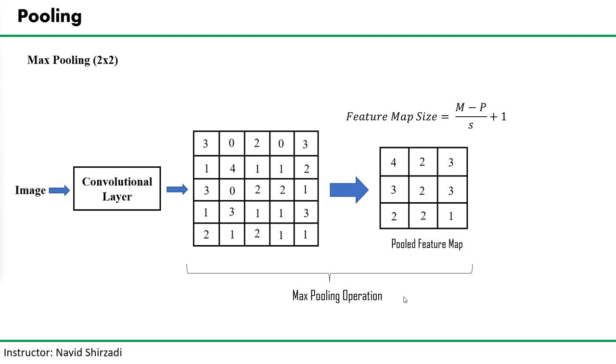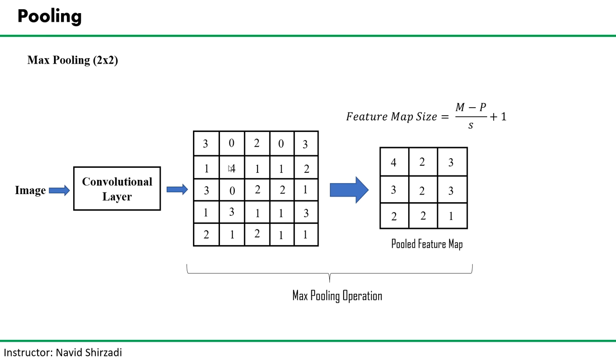So this was the max pool operation. For mean pooling, the process is exactly the same. The only difference is when we put our window on our feature map and start selecting the numbers, instead of saying what is the maximum value between these four values, which is 4, we take the average of these values.